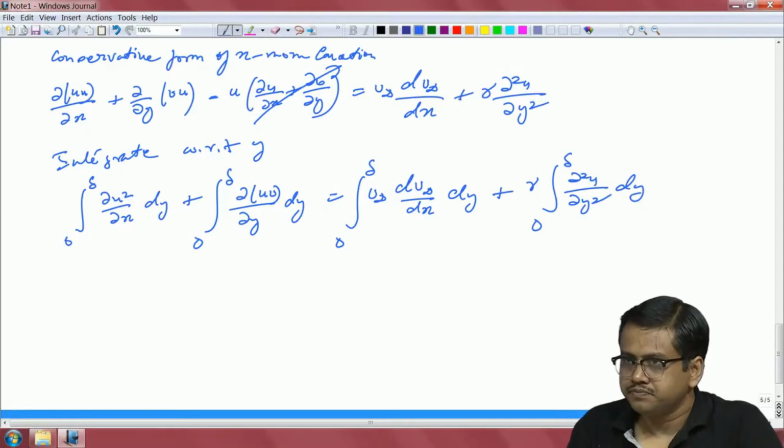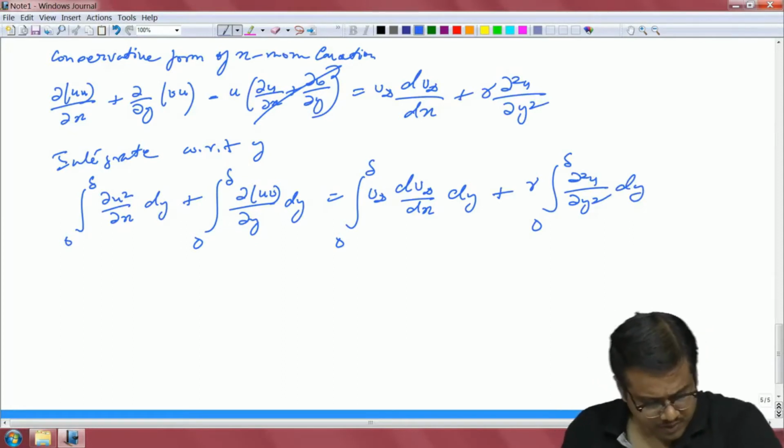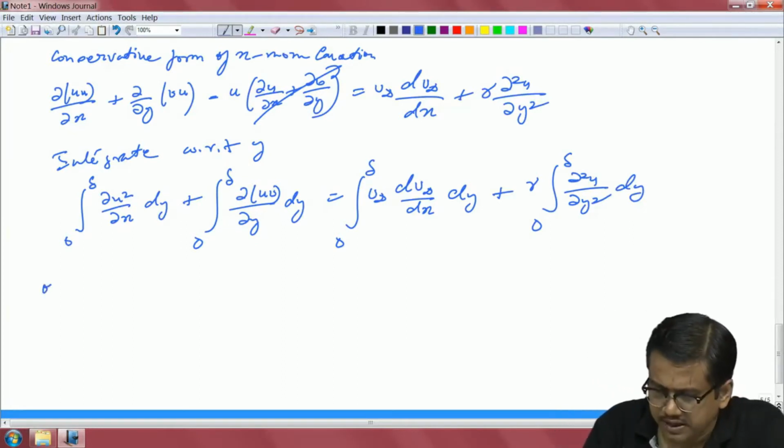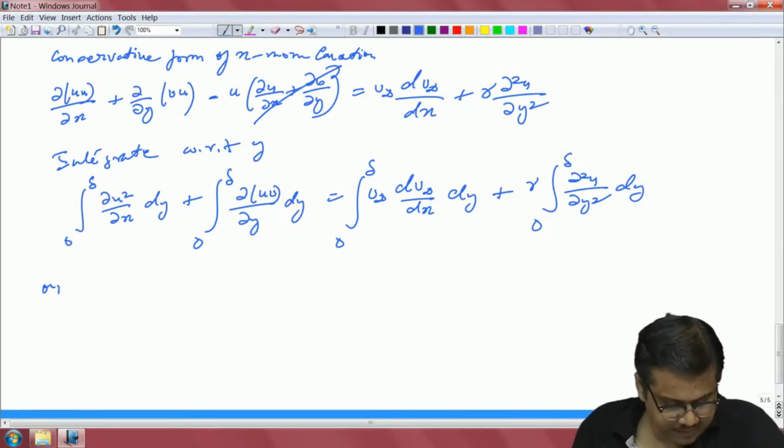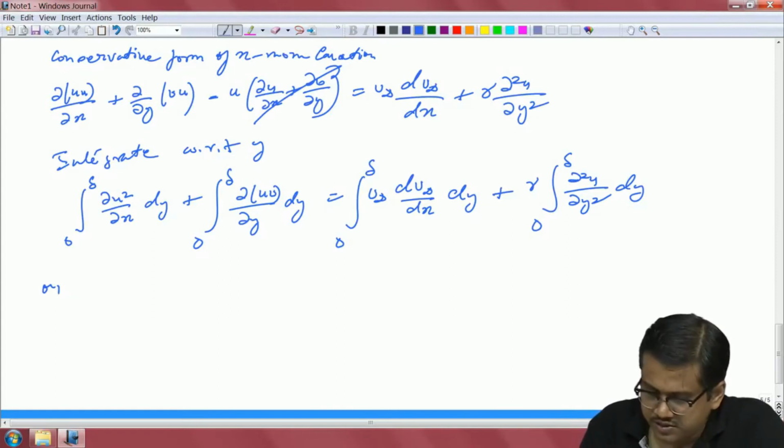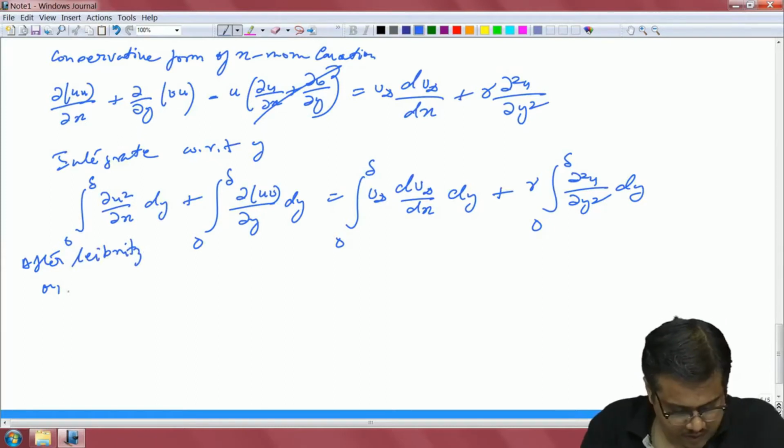Got it? That is the full form. Okay. Now, again you can apply your Leibniz. Okay. I am not going to go through the steps, but you can apply your Leibniz accordingly. Okay. So, the form that you are going to get after Leibniz.